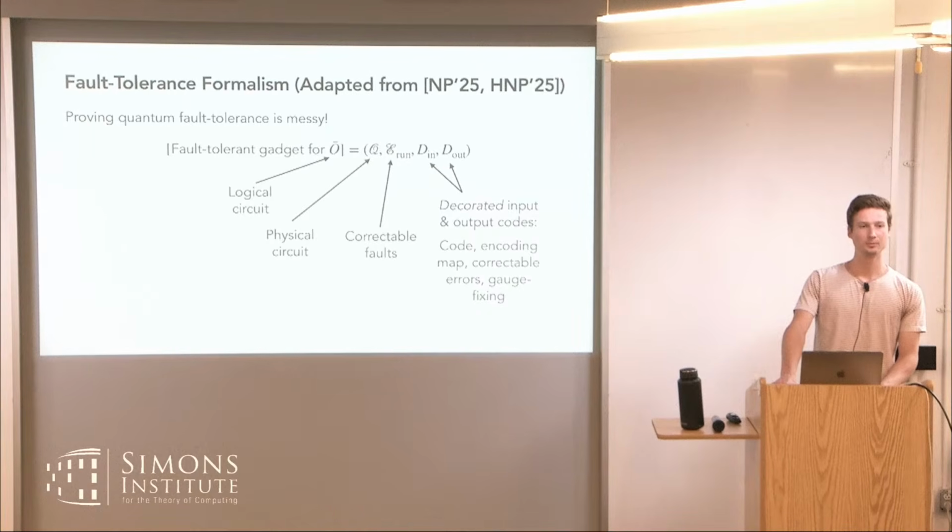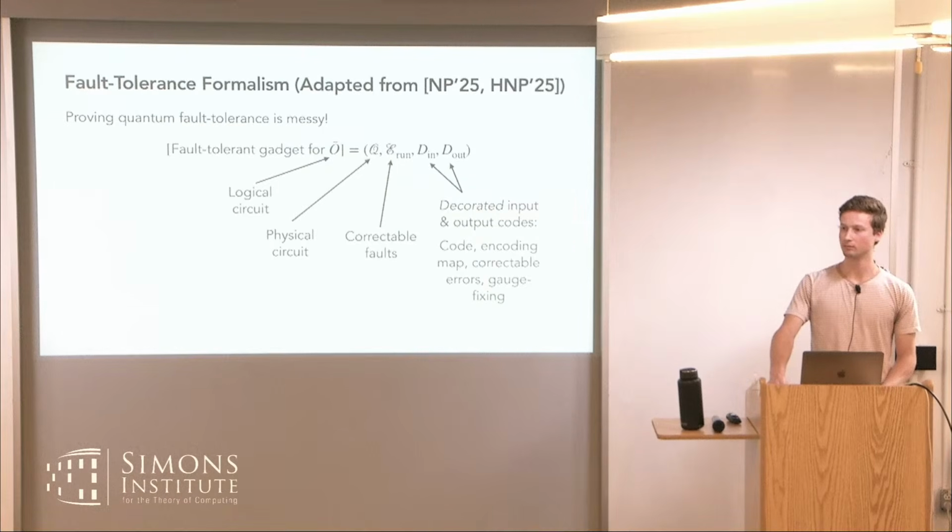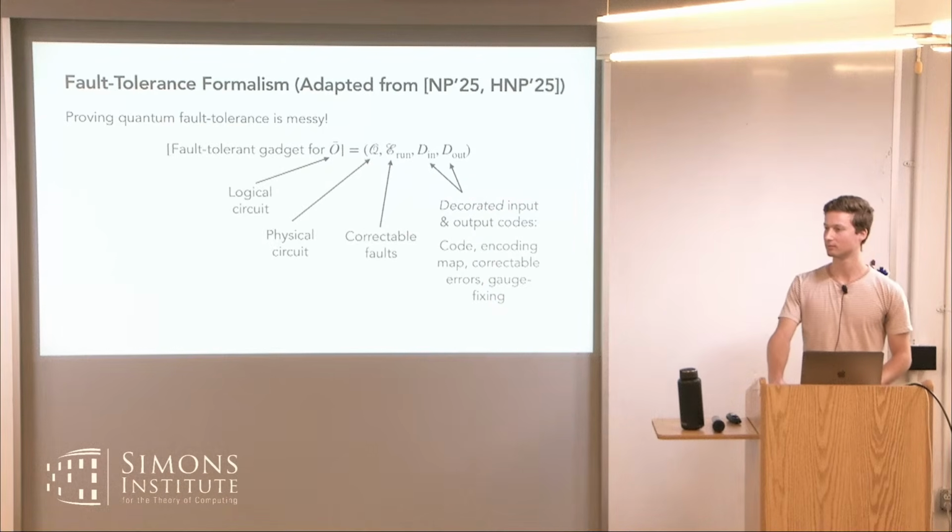Yes, because we want to get rid of the side classical computation, and it seems we should be able to do that by using error detection instead of error correction.